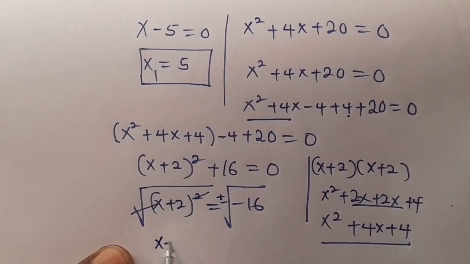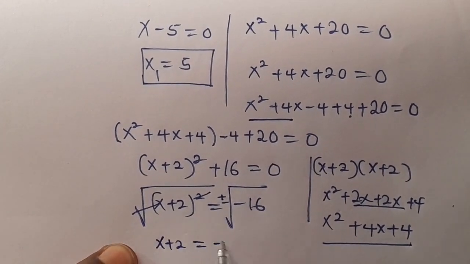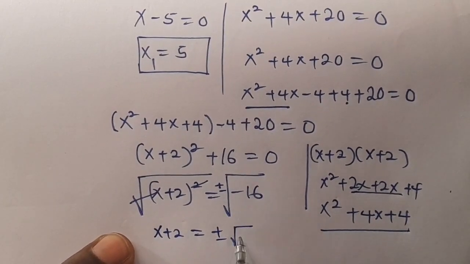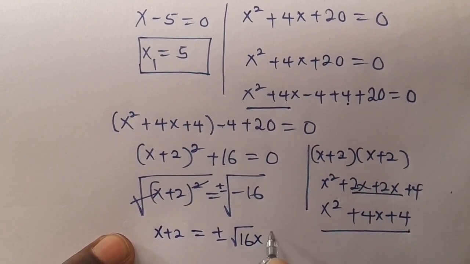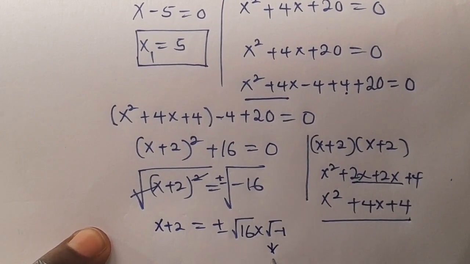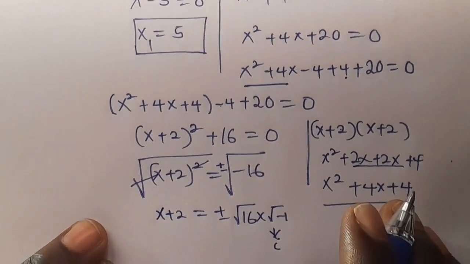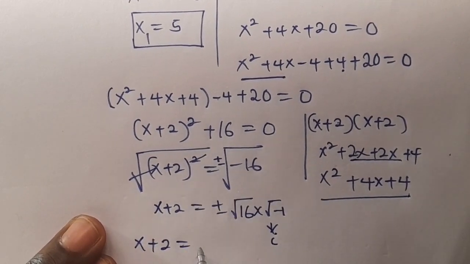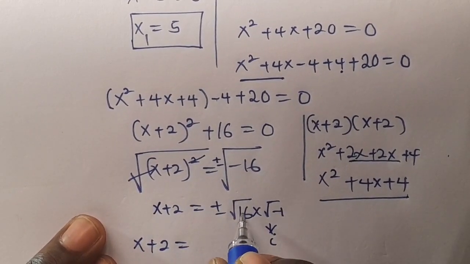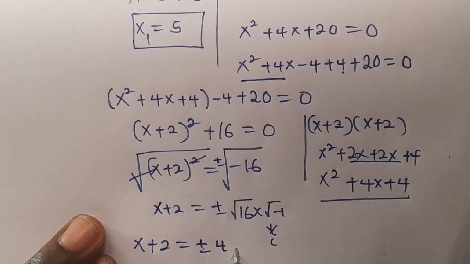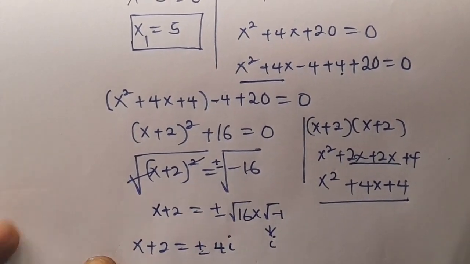Then we have x plus 2 equals positive or negative square root of, you can rearrange this as 16 multiplied by square root of minus 1. And square root of minus 1 always equals i in a complex space. Then we have x plus 2 equals, now square root of 16 is what? 4. We have positive or negative 4 multiplied by i.